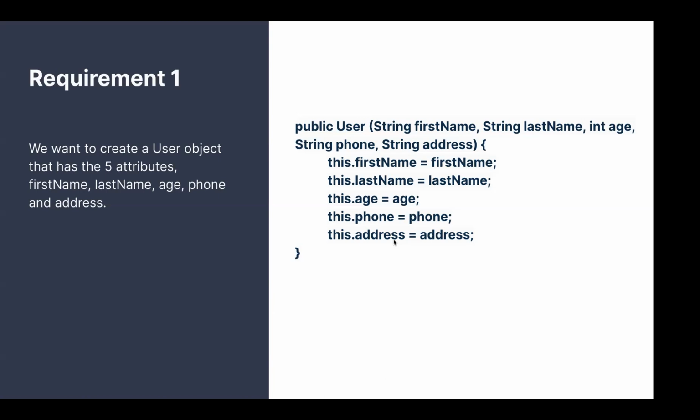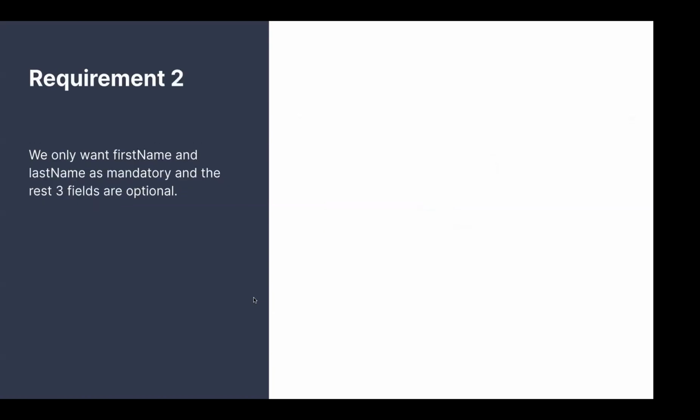What if another requirement comes up which says we only want the first name and last name as mandatory, and the remaining 3 fields are optional? What will you do in this case? We need to add the required keyword for first name and last name.